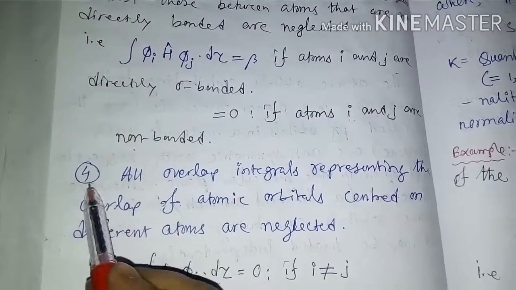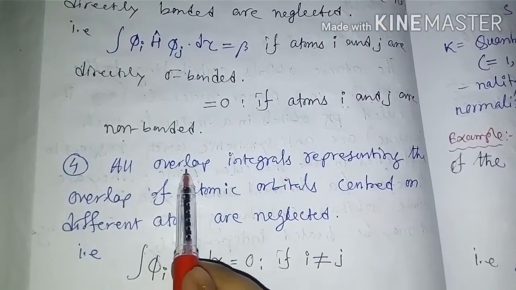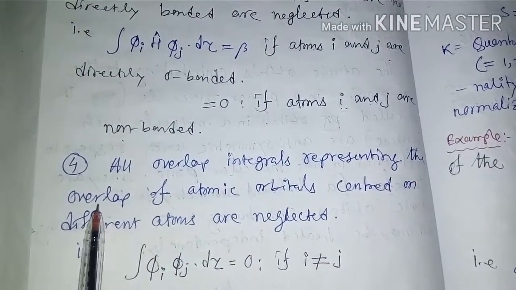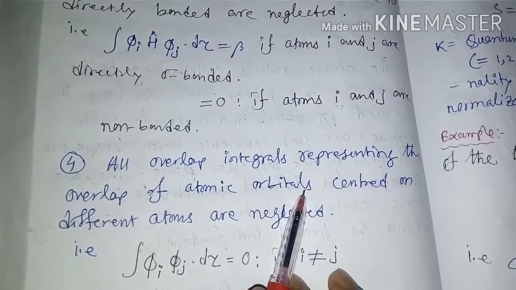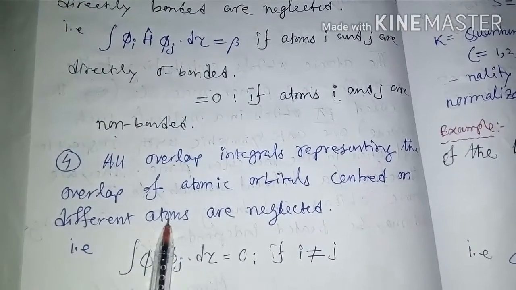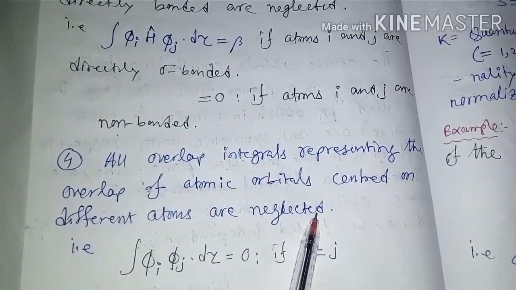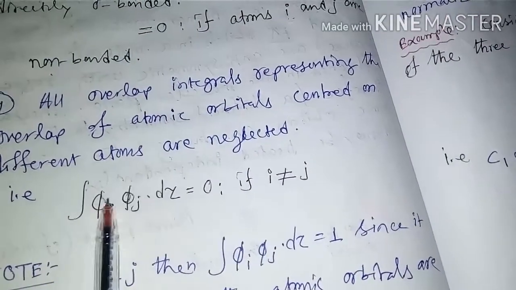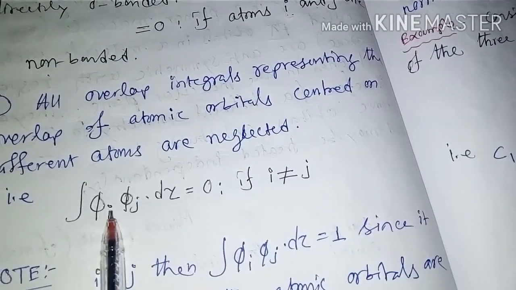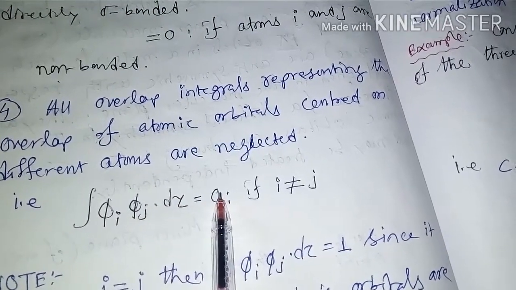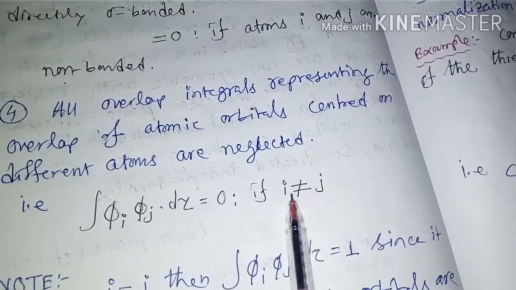Point 4: all overlap integrals representing the overlap of atomic orbitals centered on different atoms are neglected. Now, the integral of phi I phi j d tau equals 0 if I is not equal to j.